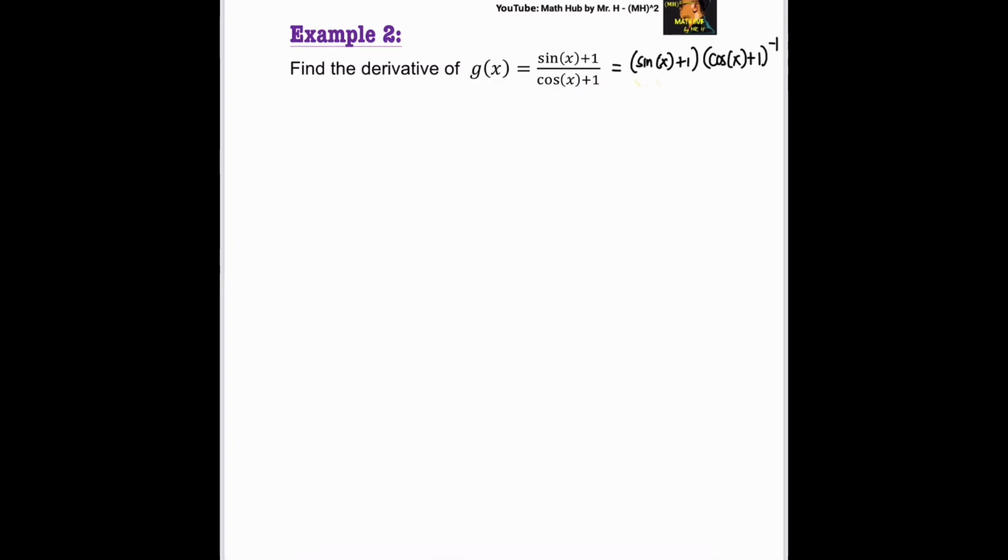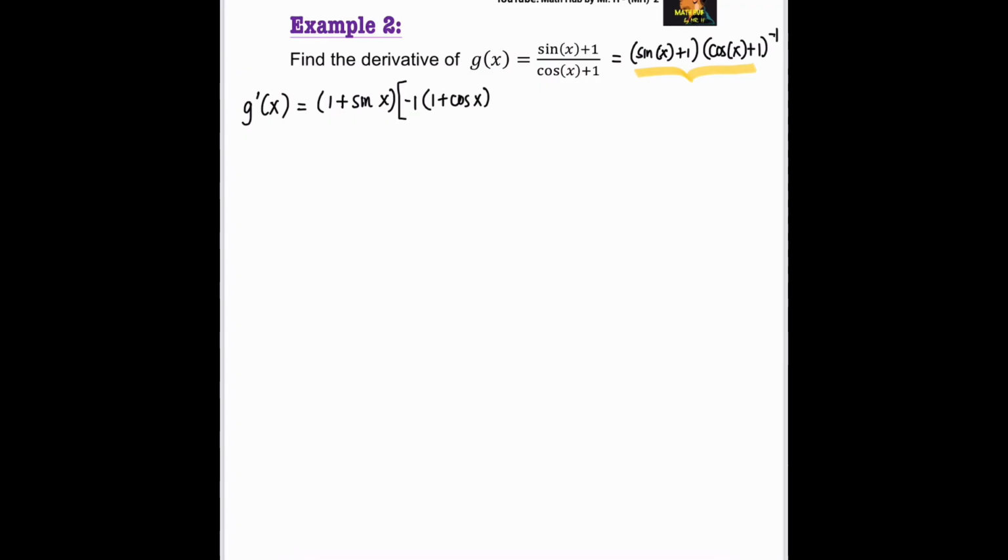So rewriting it to this form actually tells you that we're gonna go for product rule. So g prime of x equals, we take the first factor, 1 plus sine x, times the derivative of the second factor. It will be negative 1 times the base, which is 1 plus cosine x.